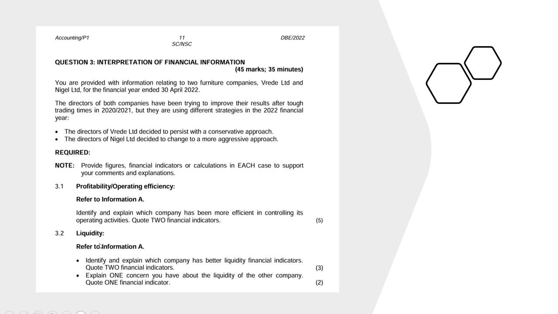3.2 is looking at liquidity. You have to use information provided to you, and it is information A. You identify and explain which company has better liquidity financial indicators. You quote 2 financial indicators, not more than 2, but exactly 2.